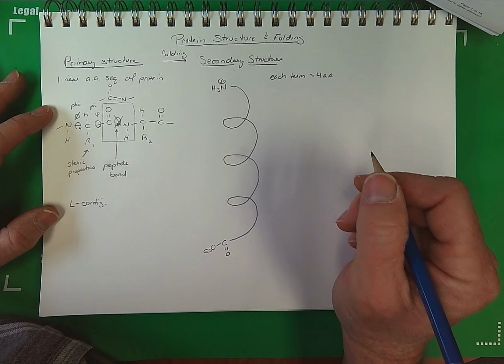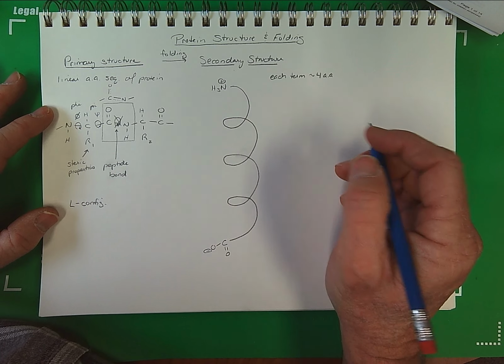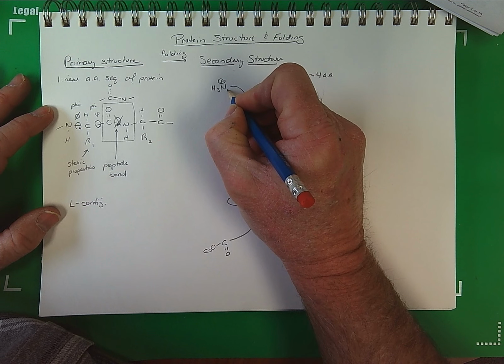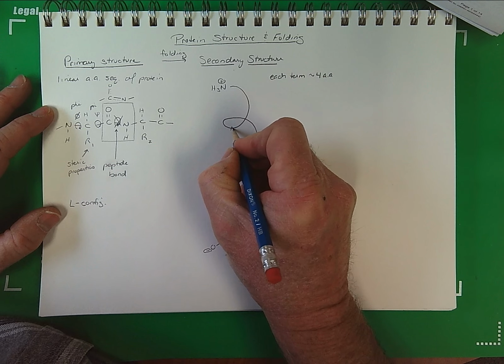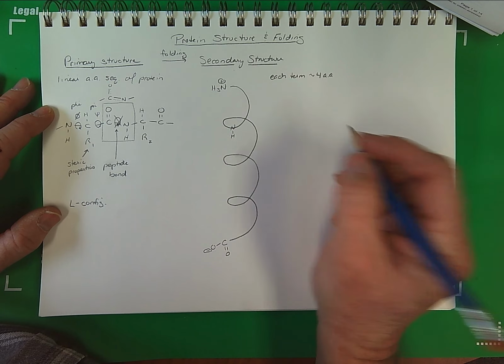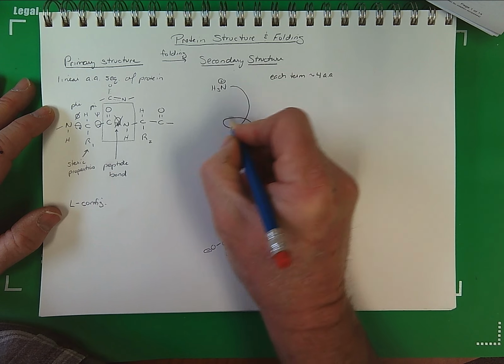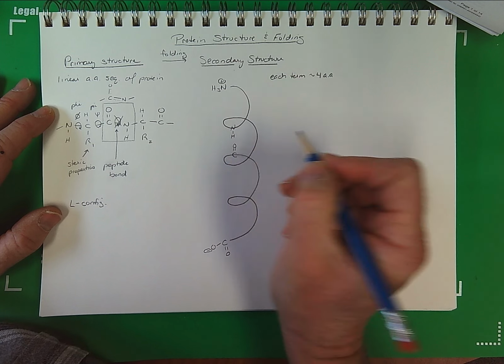So what stabilizes this? There are 2 chemical properties that stabilize. One is that, recall, the nitrogens in each one of these turns has a hydrogen on it. As you turn here, the 4th amino acid around the turn will be a carbonyl.